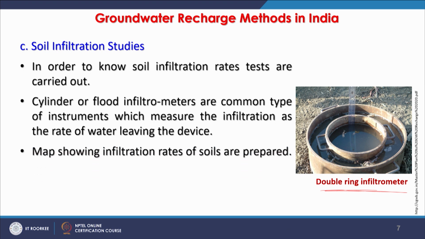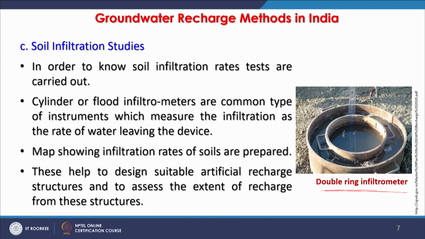These infiltration rates can be prepared for our soils, because if there are, say, in a watershed, 4 types of soils, then over each soil such a test should be done, so that you know the average infiltration rate in that watershed. And all this information about soil infiltration will help to design the suitable artificial recharge structure, and also will assess the extent of recharge from these structures.